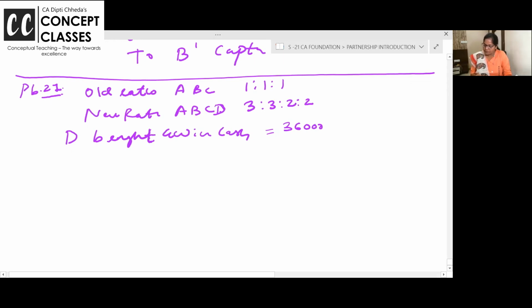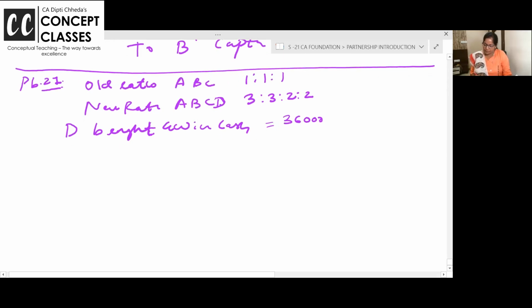Now tell me, shall we give this goodwill brought in cash in the sacrificing ratio to all the three? Yes.